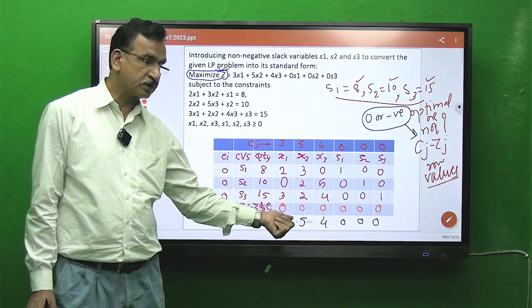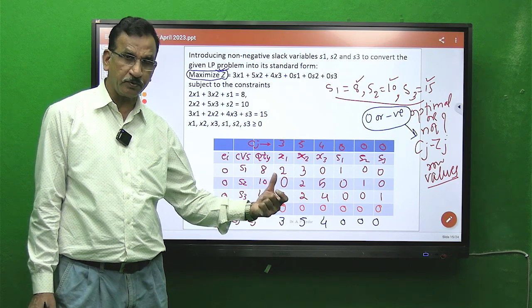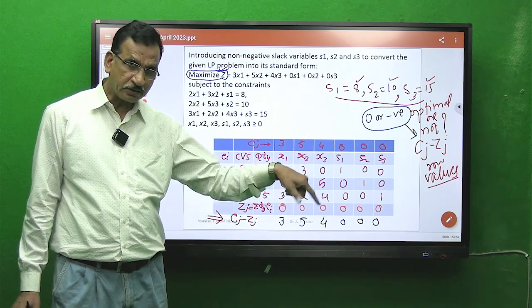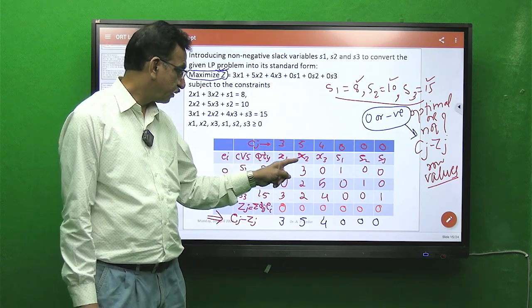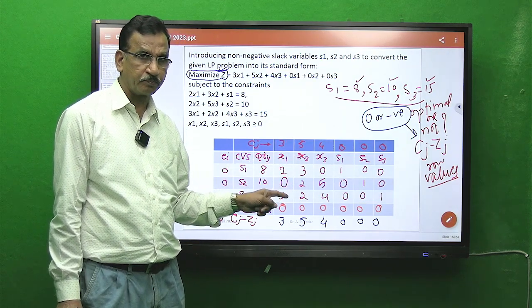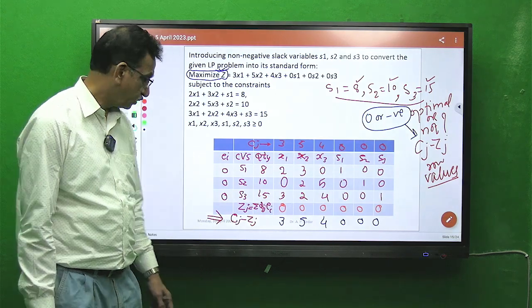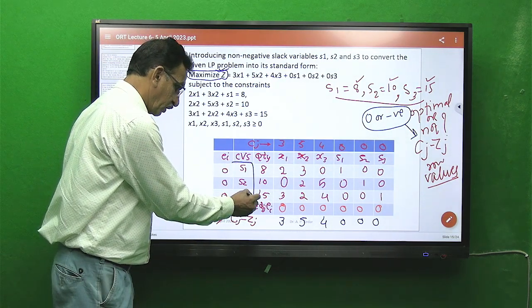We have to select this as the key column, which is giving us the hint that in the next iteration variable x2 will be entering into the problem. Students, only 3 places are available. See here, only 3 places are available.